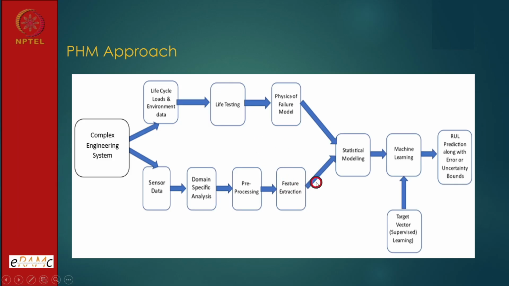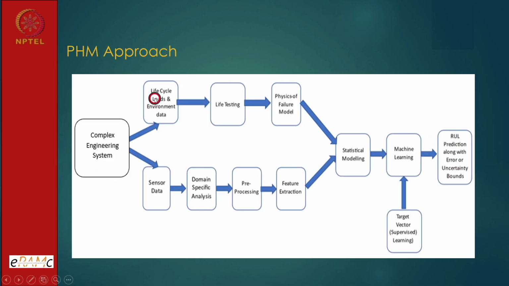Then statistical modeling is done. With this approach, statistical modeling is required because we have to give a statement of uncertainty for the RUL, and then it is fed to the machine learning algorithm. So there are vectors, and finally you get a prediction of life of the component.